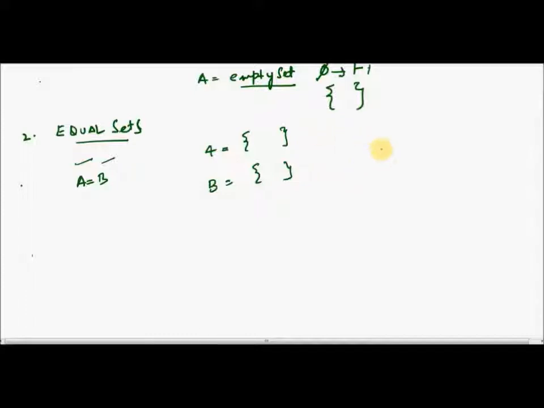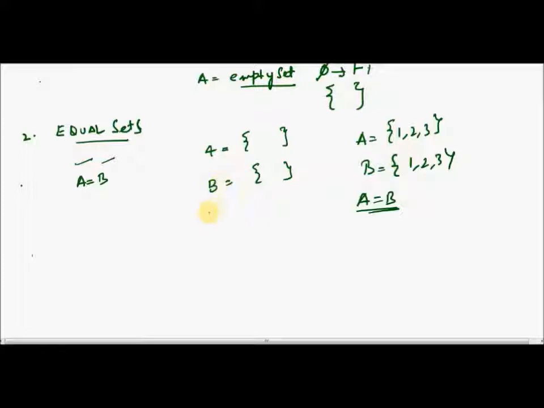Let me say if A is 1, 2, 3, then B should also be 1, 2, 3, so that A will be equal to B. Each and every element of A should be in B and vice versa. So this is what we mean by equal sets.